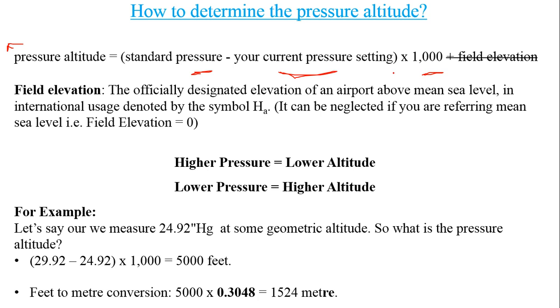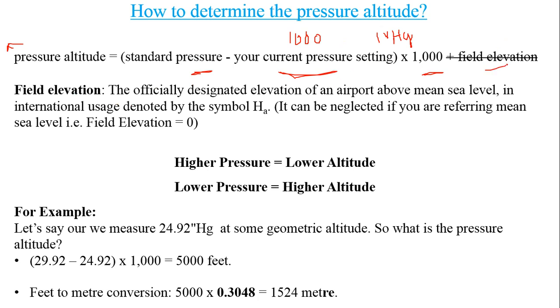Here the pressure is in inches of mercury, and it is typically assumed that with every 1000 feet there is a drop of 1 inch of mercury. That's why we have multiplied it by 1000. So for every 1000 feet increase or decrease, there will be a variation of 1 inch of mercury in the instrument.